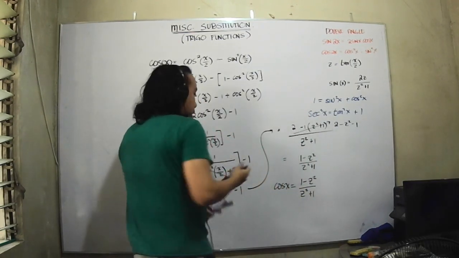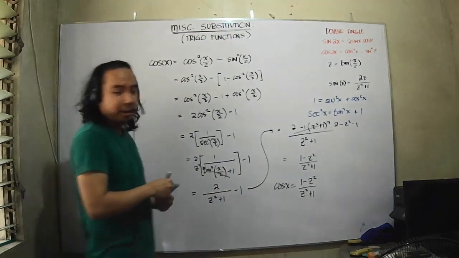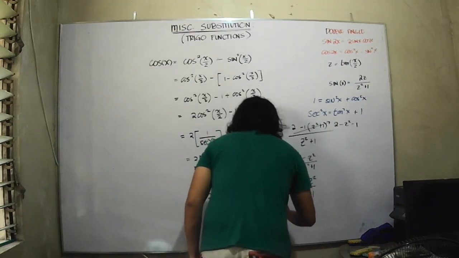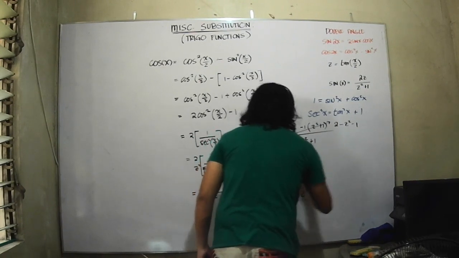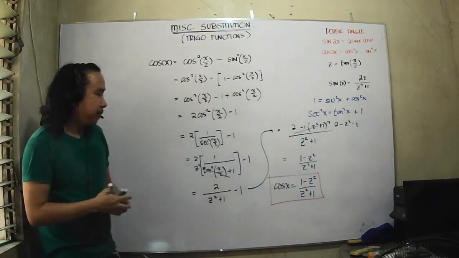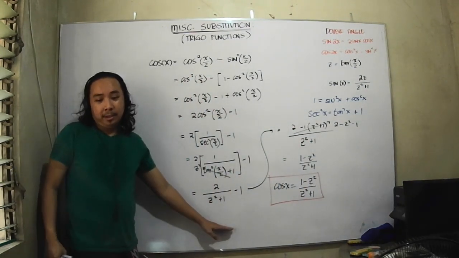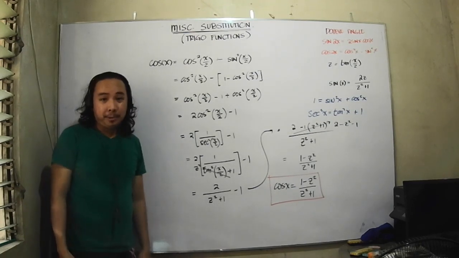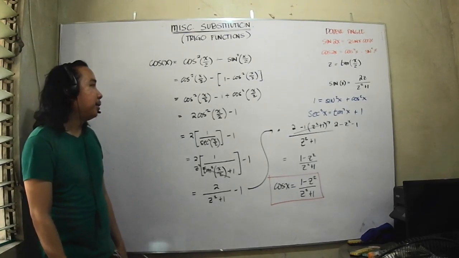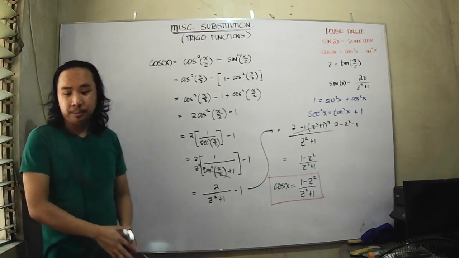Okay, I hope you got it. Just try to rewatch the video if you get confused in the derivation. Okay, so we have cosine in terms of z, in which z is equal to tangent x over 2.